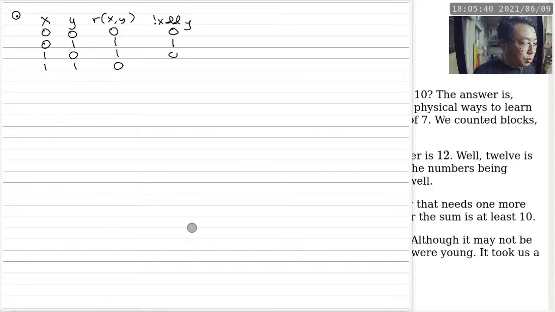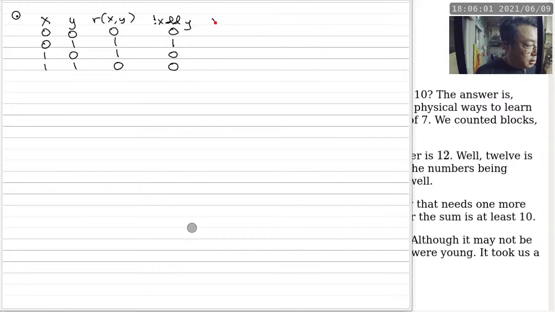The other two rows would also give us zeros or false, because in this case y is false, so the conjunction is going to be false. And then for the last row, x is true, but we have a negation of x over here, so not true is false. One side of the conjunction is false, so the whole thing is going to be false.